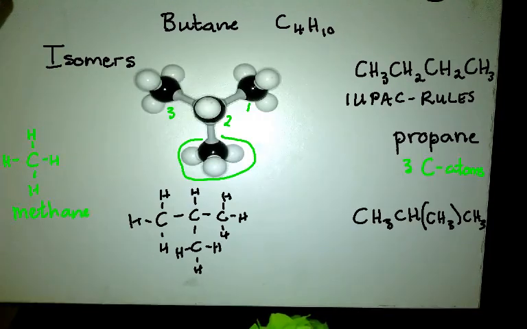But now this methane has lost a hydrogen in order to link up to that carbon. So this methane becomes methyl when it turns into a side chain. So methane becomes methyl. So this is methyl propane.